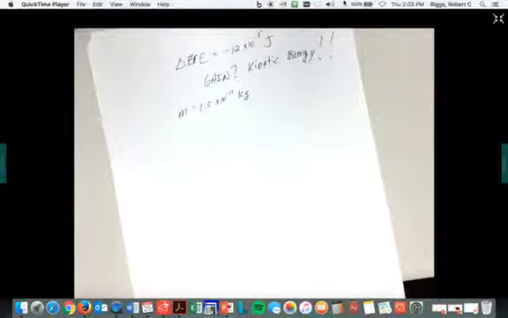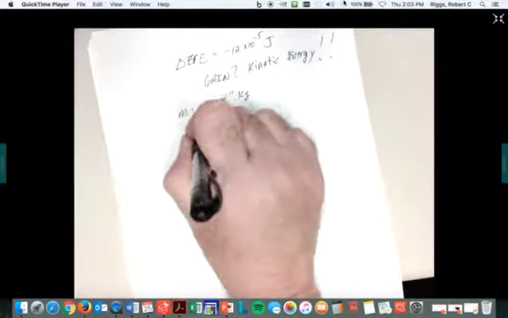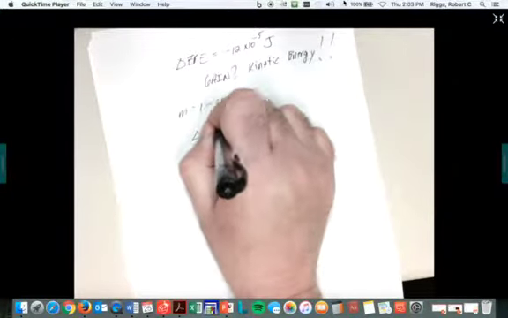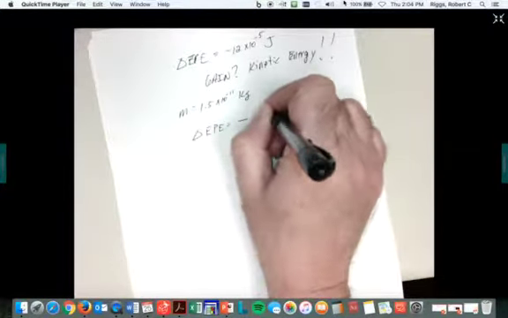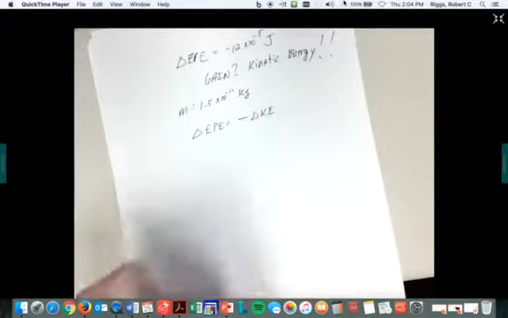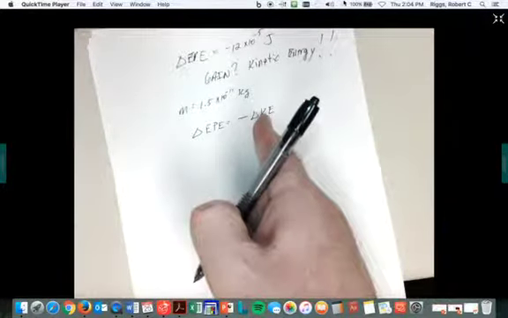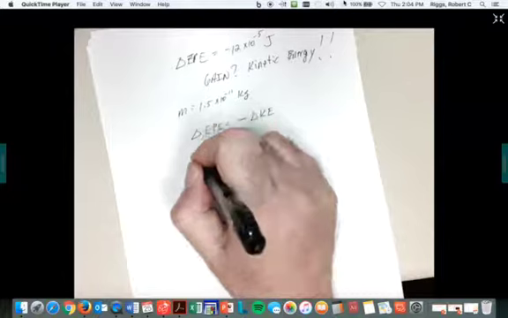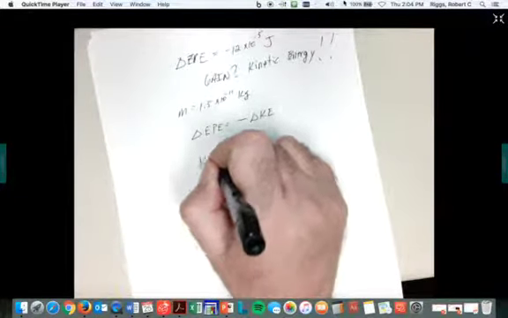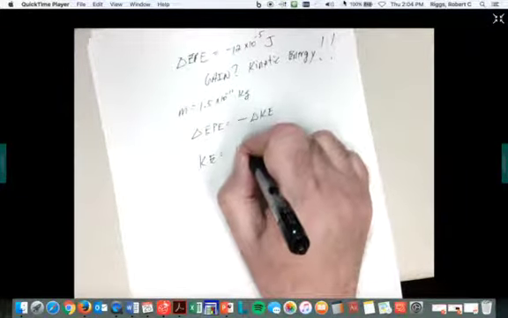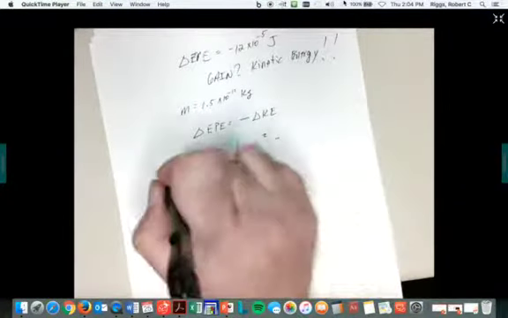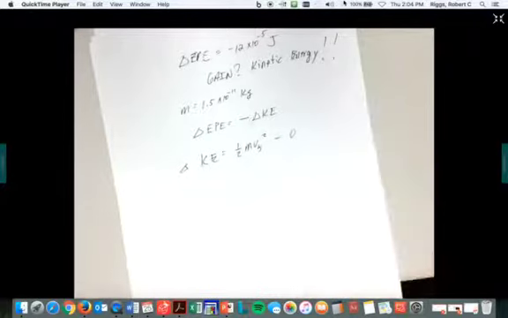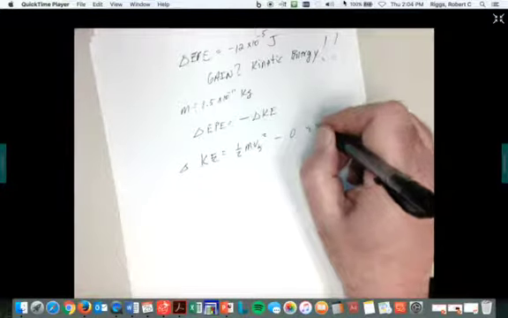Okay? And we know that the change in the electric potential energy is equal to the opposite change in the kinetic energy. Well, if this is negative, then the opposite of the change in kinetic energy is going to be positive. So KE is equal to 1/2 m v final squared minus 0, because the initial velocity was 0, we're assuming.